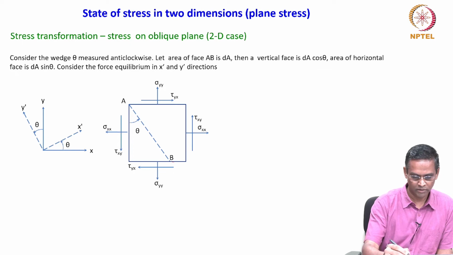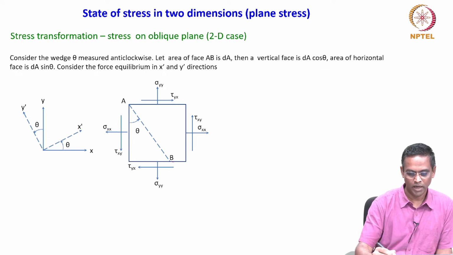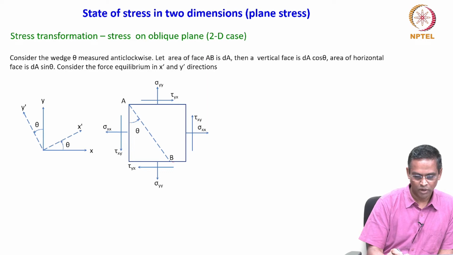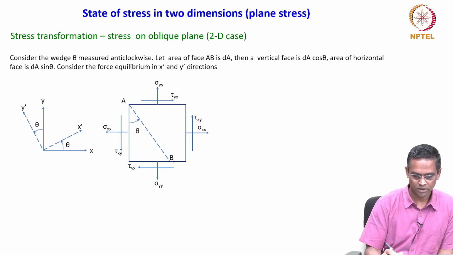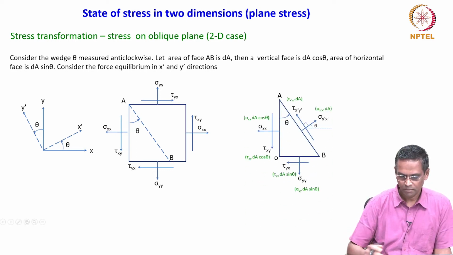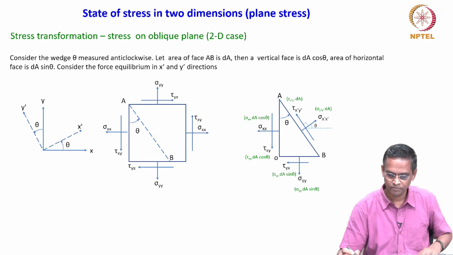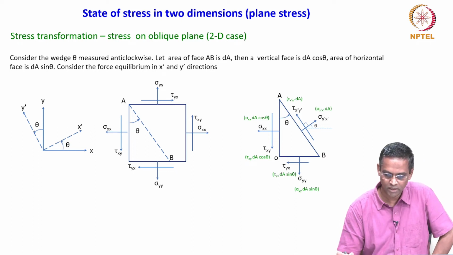We are going to consider this AB, which is an oblique plane. If you look at this projection, this is a vertical face with area dA cos theta, and the area of the horizontal portion is dA sin theta. Okay, so this is an assumption. So now we will describe just the wedge portion itself. That is just a cut, and then we put it here for convenience, so you can look at the coordinates much more simply here.